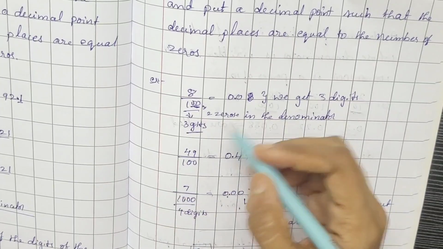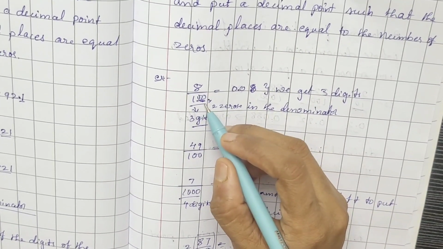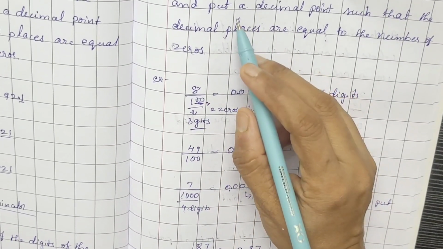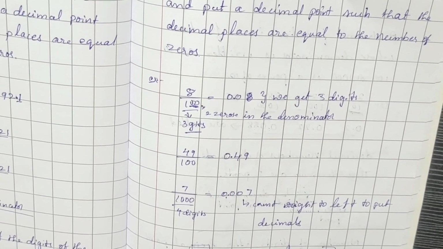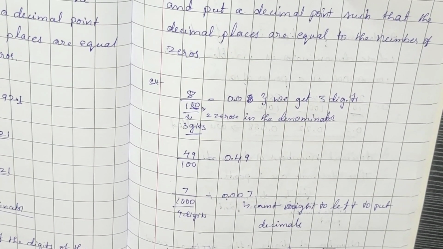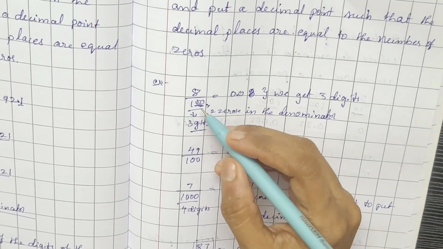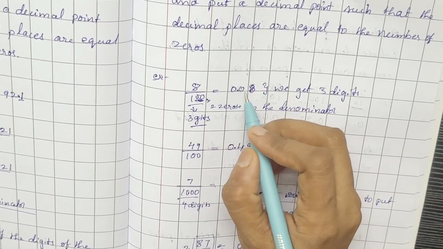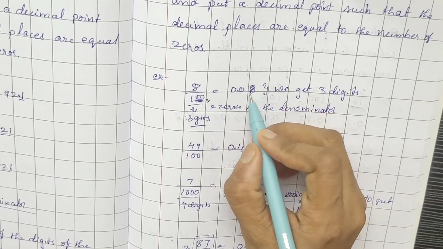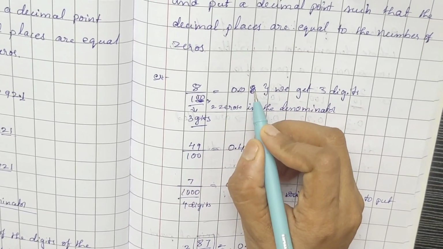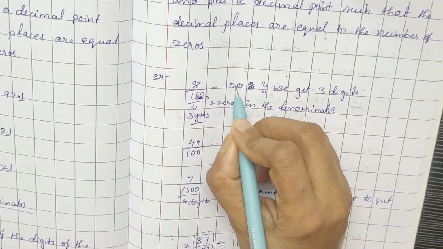Count the number of zeros in the denominator and put a decimal point in such a way that the decimal places are equal to the number of zeros. Decimal places are equal to the number of zeros. Here 2 zeros are there. First count 1, 2.